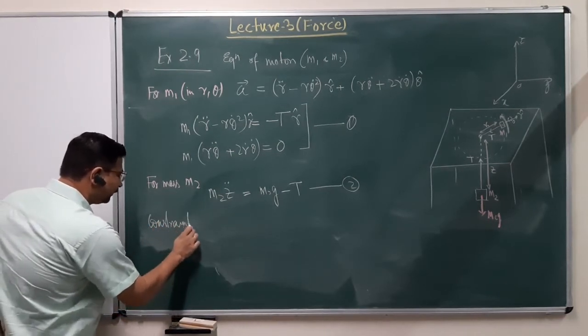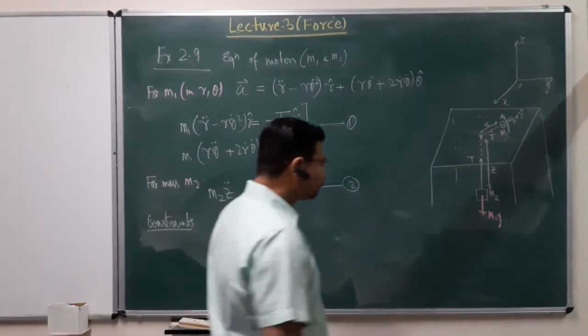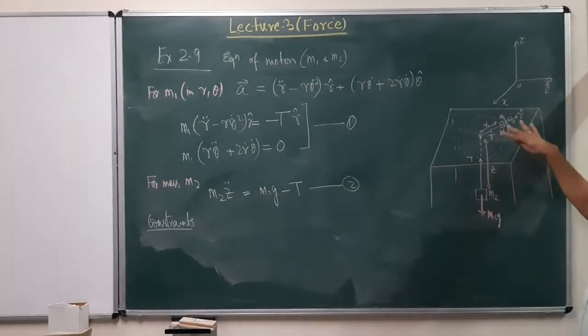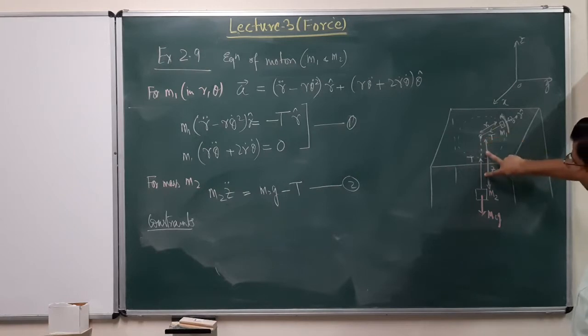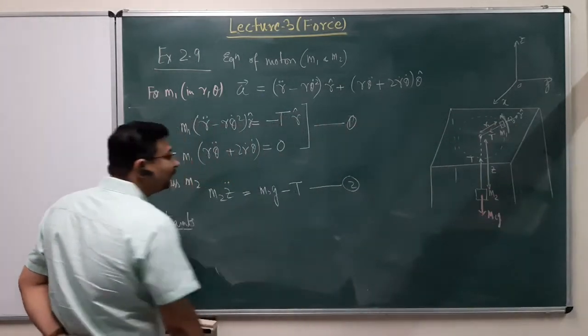constraints which are present in this system. The constraint is, no matter how the system evolves, the radial distance of mass m1 from the center and the distance z of mass m2 from the center should sum up to the length of the spring.